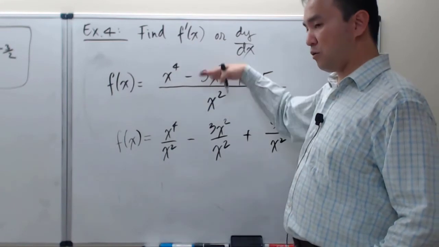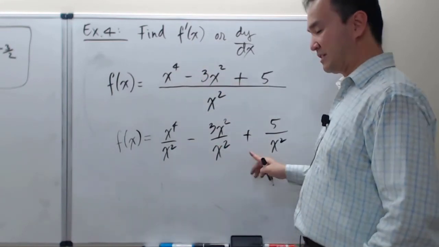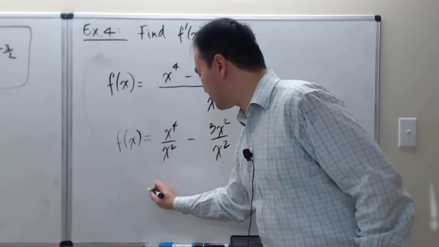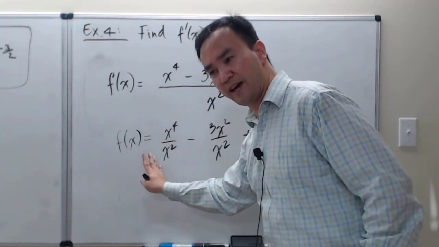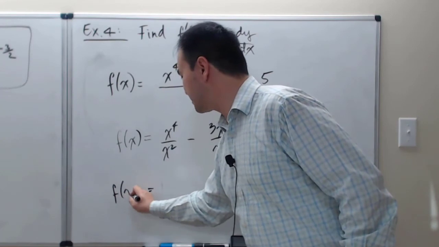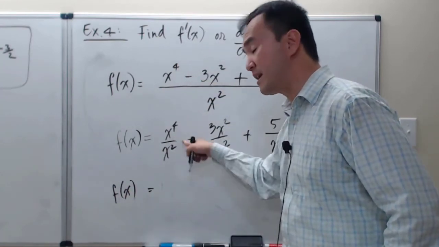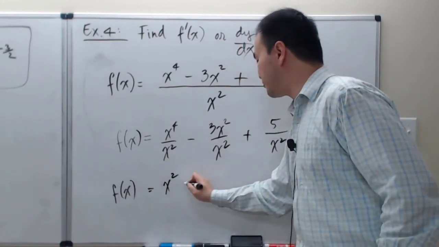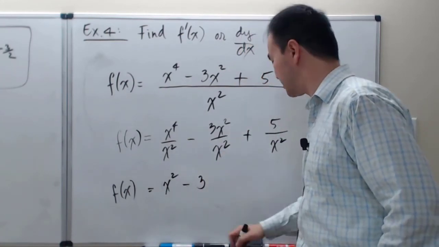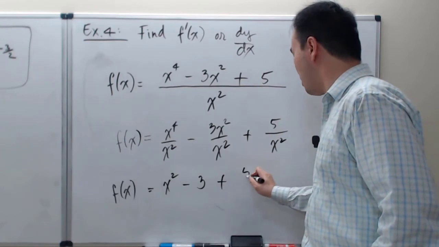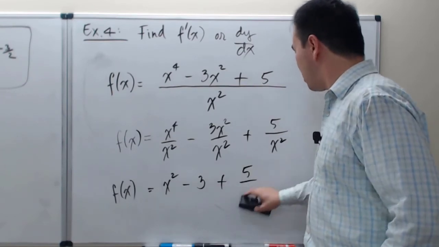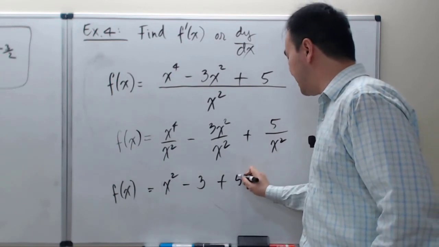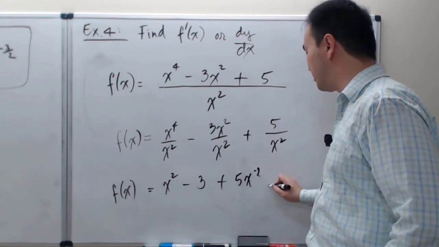Now we break the whole expression into 3 separate terms, and let's do a little cancellation. I'm not doing any derivative yet either. f of x at this point is rewritten as: first term gives me x squared, middle term gives me 3, a constant, last term is a little quotient 5 over x squared, but I can now rewrite that as 5x to the minus 2 power.